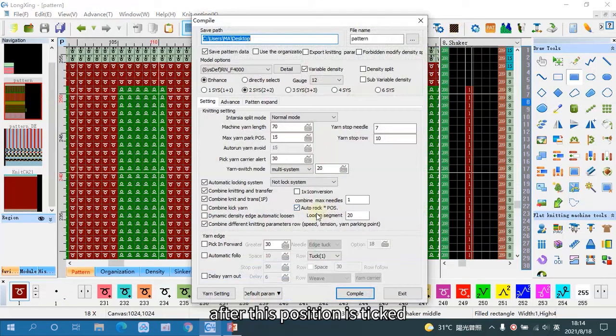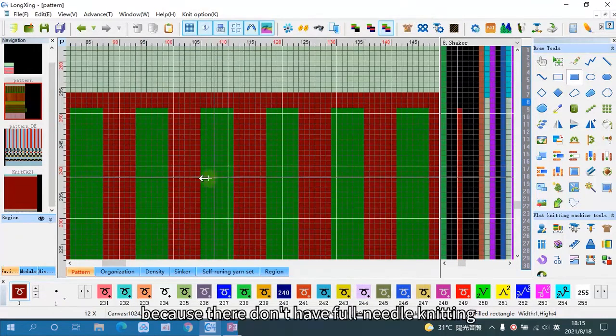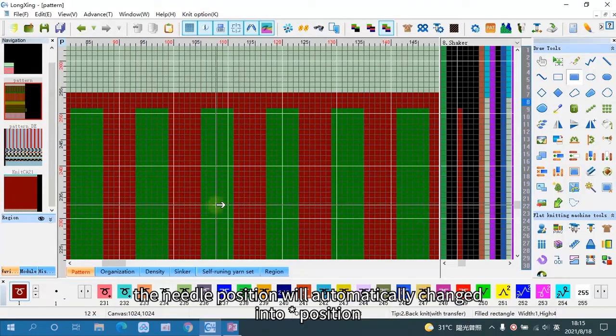After this is ticked, even if you don't manually fill the position, it will automatically change to ester position. Like in there, because they don't have full needle knitting, the needle position will automatically change into ester position.